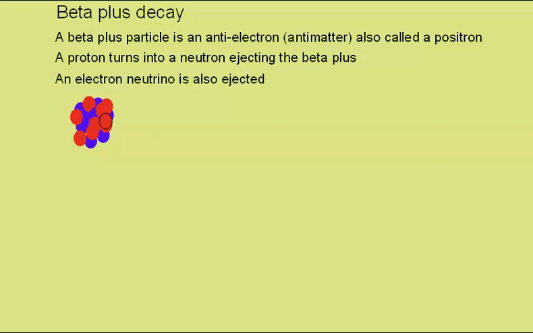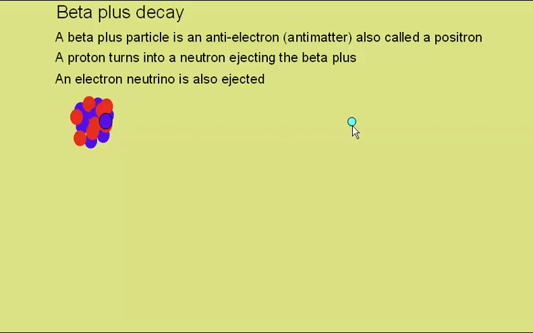An electron neutrino is also ejected. So this is the proton which will turn into a neutron, ejecting the beta plus particle.